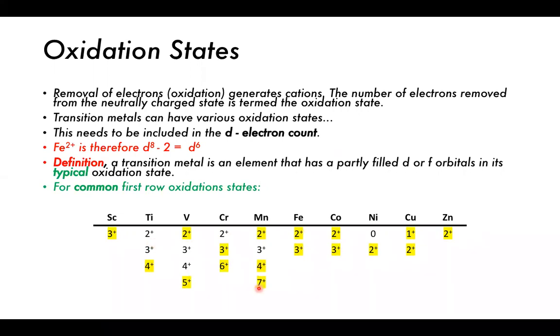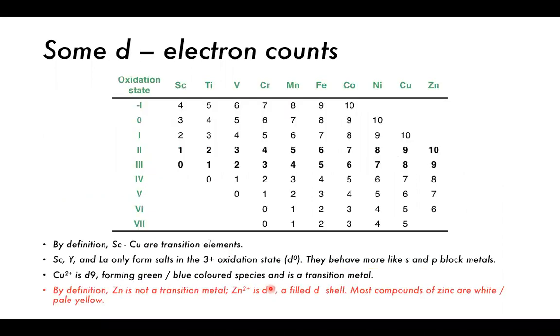But you can see it can go all the way up to +7, for example in the case of manganese, which is the ion in permanganate. So some d electron counts. Here we have the oxidation state. These are the common oxidation states again, and then the number of electrons that those correspond to.